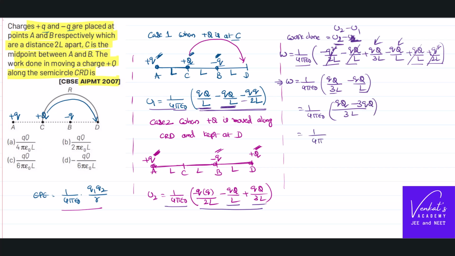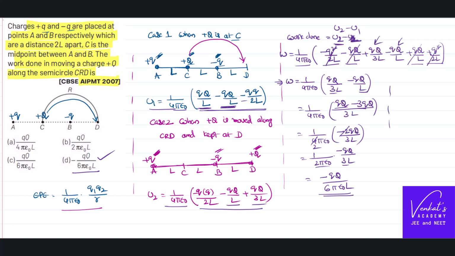So 1 by 4 pi epsilon naught times plus qQ minus 3qQ, that is minus 2qQ by 3L. This 2 can be cancelled with this 4 to give 2. So what is remaining is 1 by 2 pi epsilon naught times minus qQ by 3L. So my answer is minus qQ by 6 pi epsilon naught L. Look for this option. It is available here as the fourth option. So that's the answer for the problem.